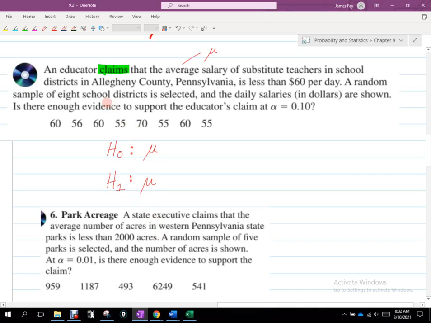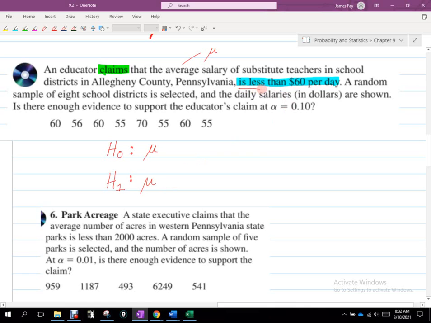As I continue reading that statement, the key phrase is this right here. We have to have a quantity in our hypotheses, and it says is less than 60 per day. Because of that phrase, is less than, that tells you where 60 should go. Does it go to the null hypothesis or the alternative?